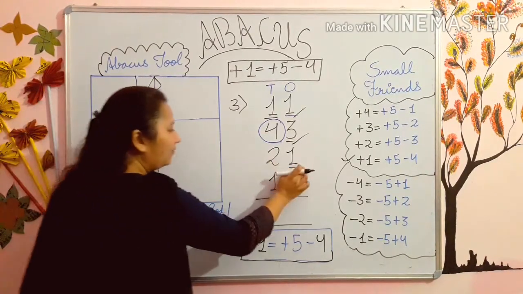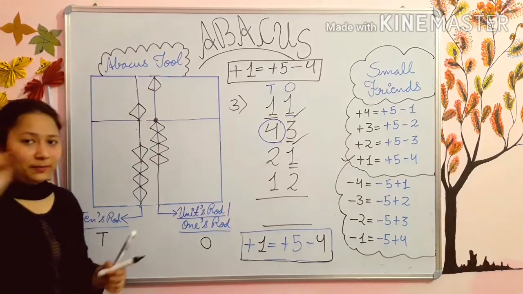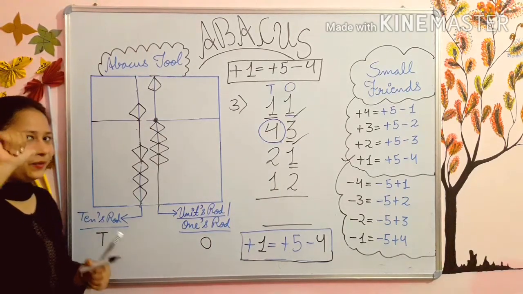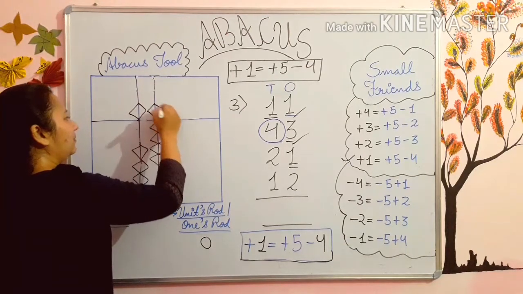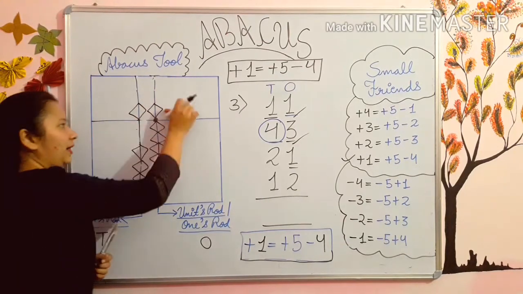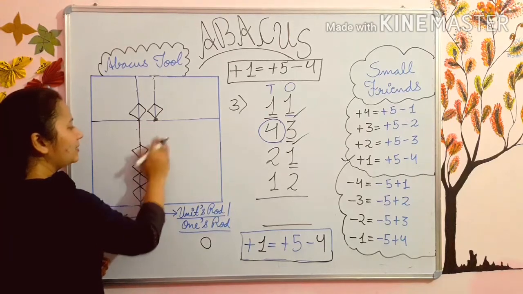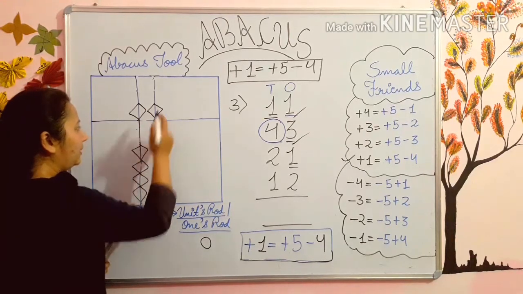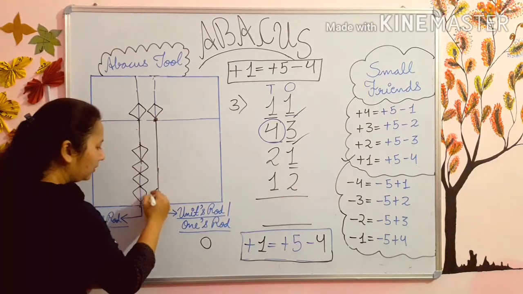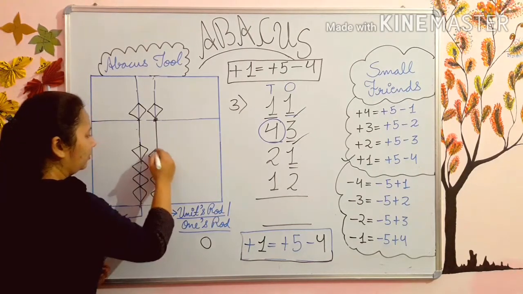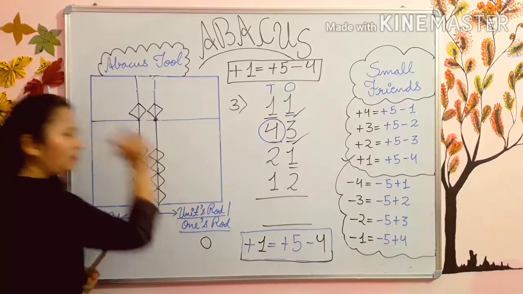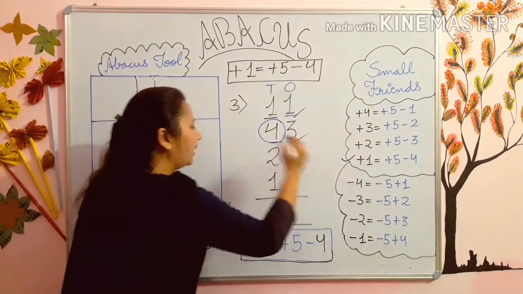So for adding 1, what you have to do? +5 minus 4. So first of all add 5. Then do minus 4. Minus means put the beads down. Put the beads down. And your 1 is added.